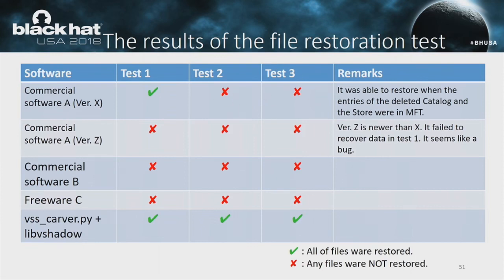In addition, with other software, commercial software B, free software C, and software A version Z, we also couldn't restore any files. On the other hand, our tools could restore all of the files in all of the tests.